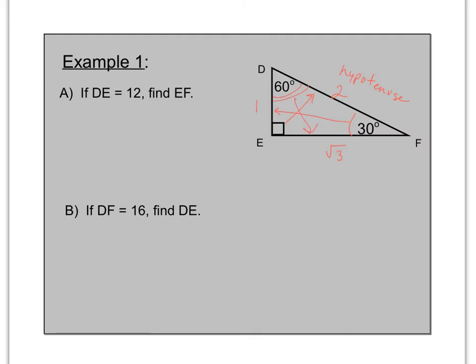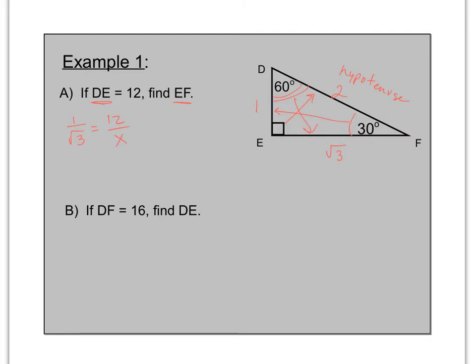Okay, so let's use that proportion of 1 to 2 to root 3, and let's see if we can do example 1 part A. So we're dealing with DE and EF. DE and EF have a ratio of 1 to root 3. We have the 12, we need EF.